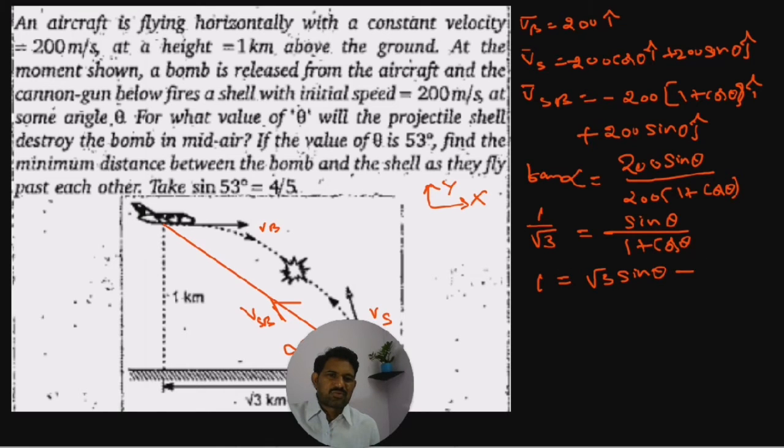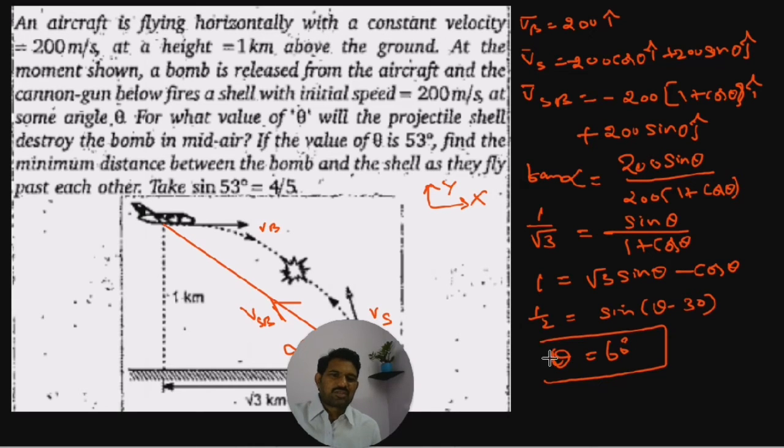Dividing by 2 on both sides and using the sin (A minus B) formula, 1 by 2 equals sin of (theta minus 30). So you will get theta minus 30 equal to 30, therefore theta equals 60 degrees. That is the angle at which the shell is to be projected.